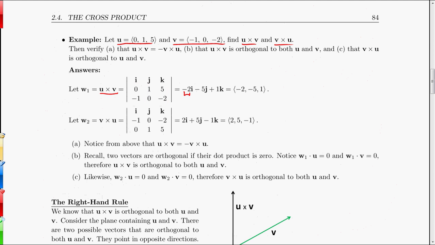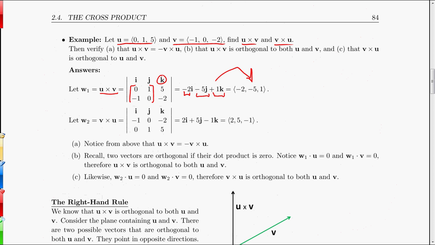And then I'll take negative J times the determinant of this matrix, which is just negative 5, so it's positive 5, but I had a negative out in front, so it's negative 5J, plus K times, let's see, the determinant of this matrix, so that's 0 minus negative 1, so that's 1K. Rewriting that in component form, negative 2, negative 5, 1.